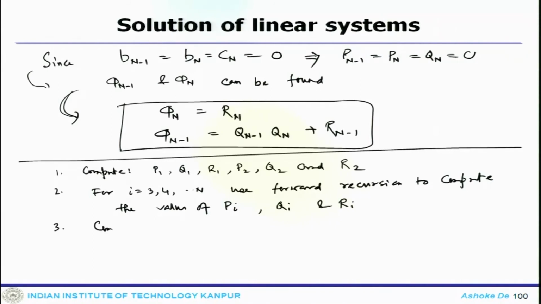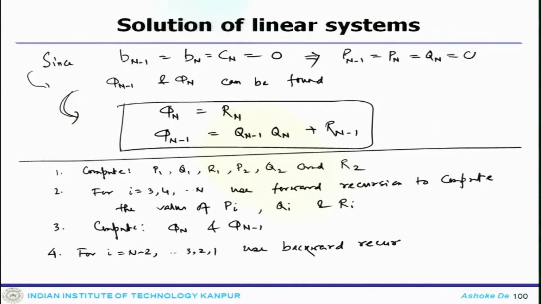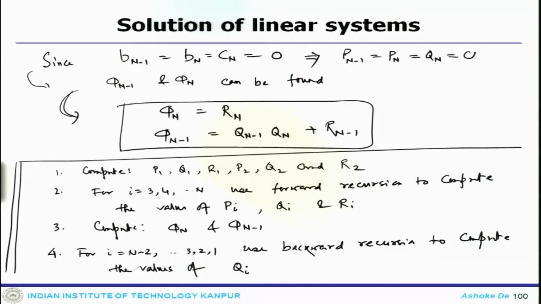Then you compute phi n and phi n minus 1, and then finally for i from n minus 2 down to 3, 2, 1, you use backward recursion to compute the values of phi i. So that is essentially the complete pentadiagonal algorithm.